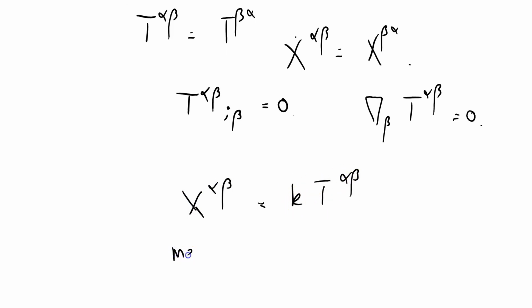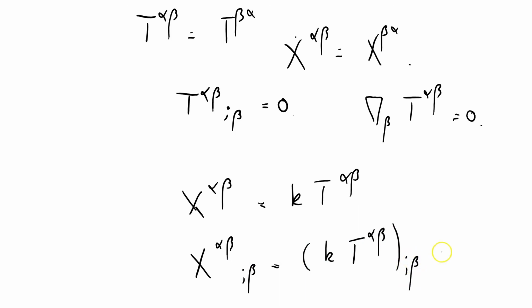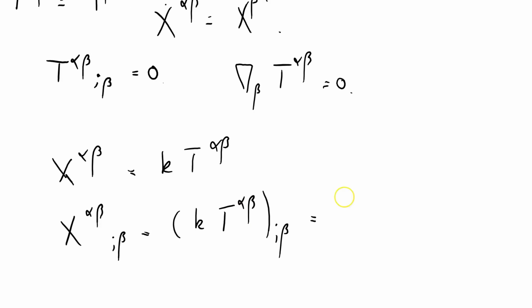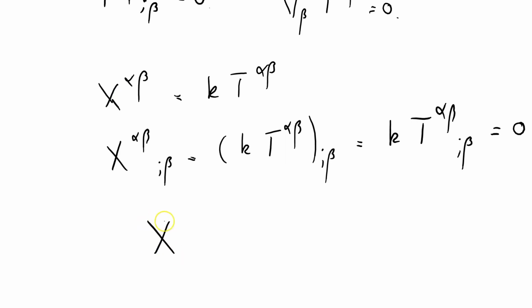This means we must have, taking the covariant derivative of both sides, X alpha beta semicolon beta equals k T alpha beta semicolon beta, which equals 0 because we proved that a few screencasts ago. So summing up, we know that whatever X is, it must have a covariant derivative of 0, and that will constrain us in our search for X.